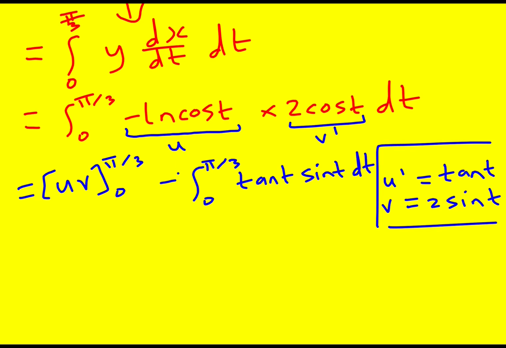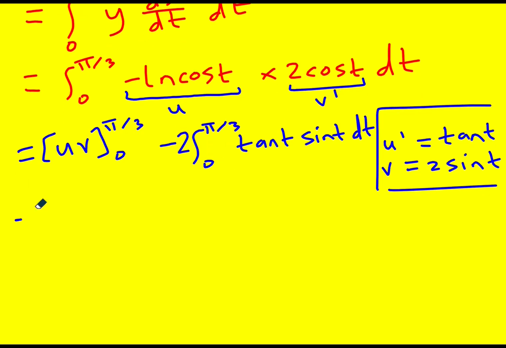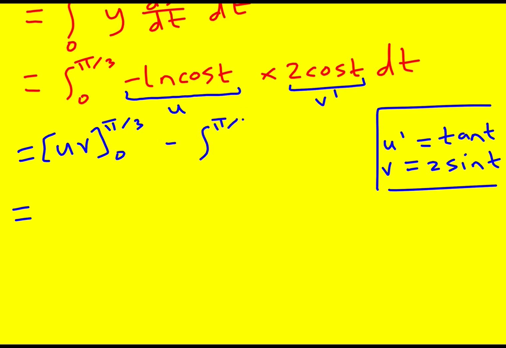And I'll bring this 2 out here. I don't know why I just did that, to be honest. Sorry, I kind of rushed. I've started writing the integration by parts formula, and then I just carried on and actually substituted in. Apologies. So I'm actually minusing the integral from 0 to pi over 3 of u dash v.